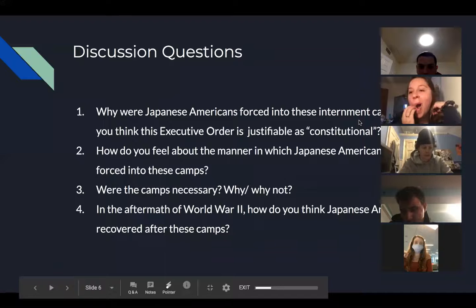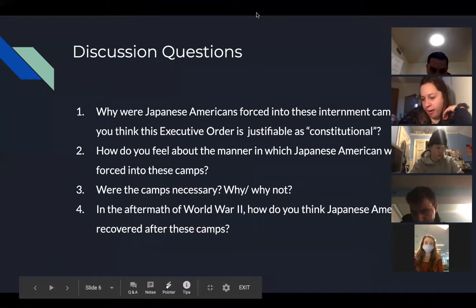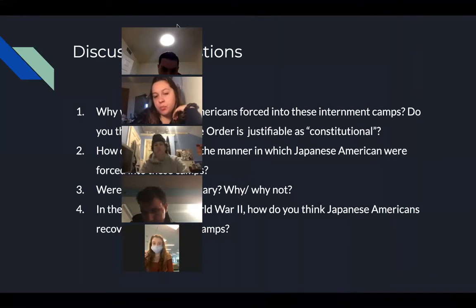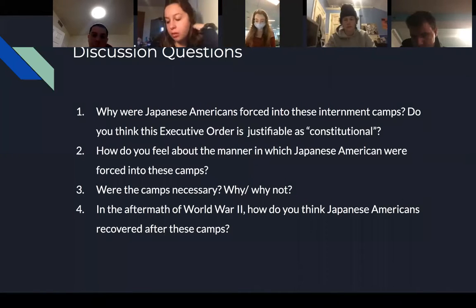So, can I get anyone to share what their group talked about for question 1? We said it was unconstitutional because essentially they were using racism as an excuse for racism.